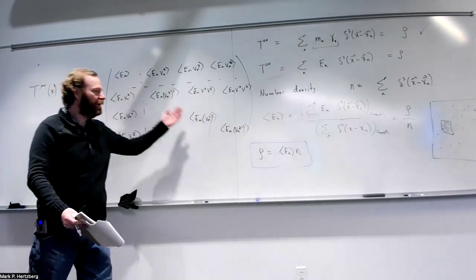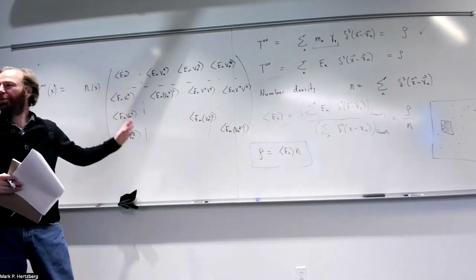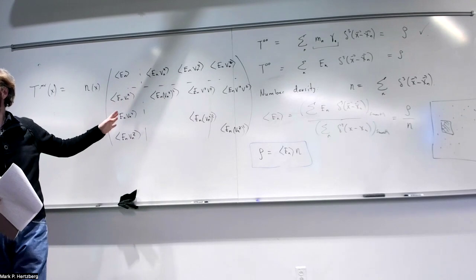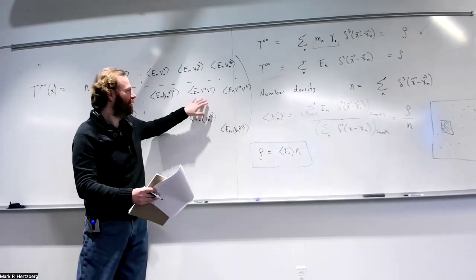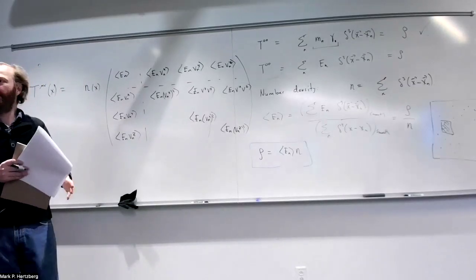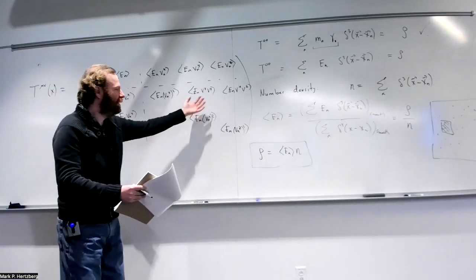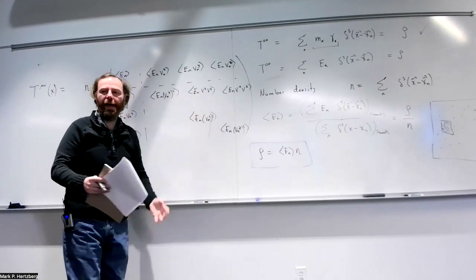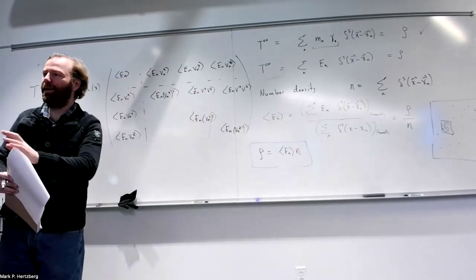The diagonal pieces will be very nice. They're going to be related to pressure, as I'll elaborate on in a second. And then these are a little more subtle. The off-diagonal pieces will be associated with anisotropies in the fluid. But I'll come back to that in a minute.